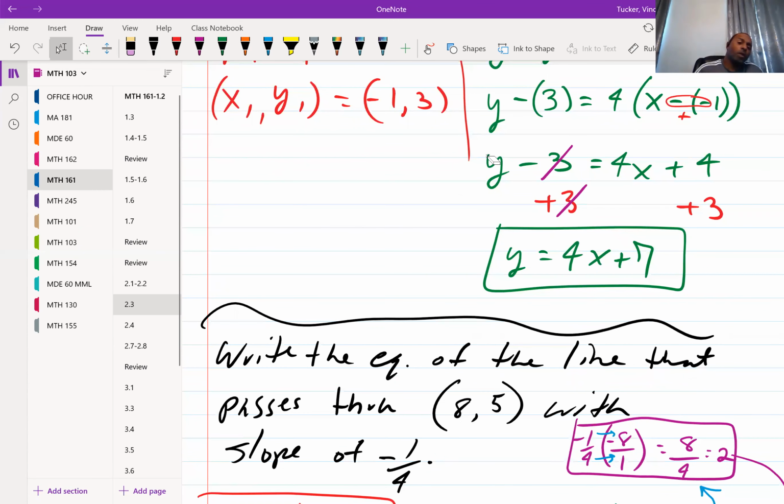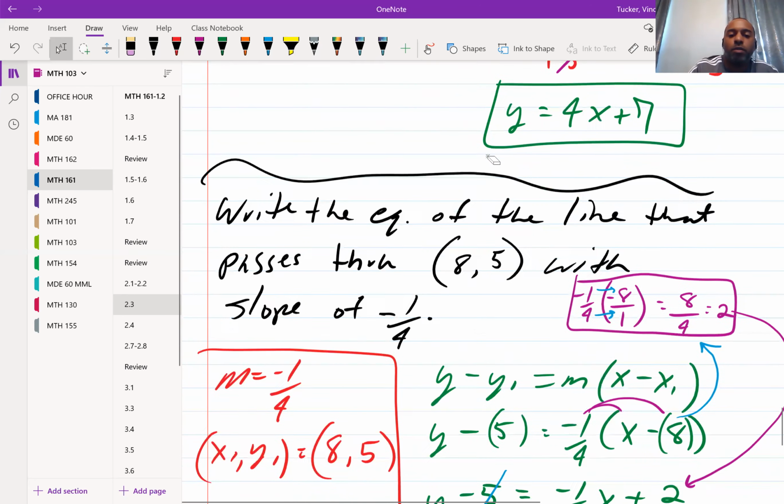Okay. Next one, write the equation of a line that passes through 8, 5 with the slope of -1/4. So this time they give us a fraction for our slope. All right.